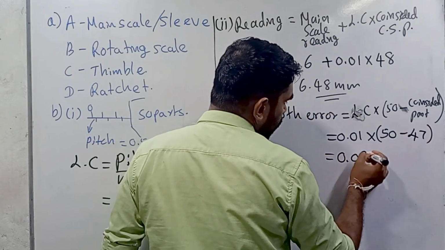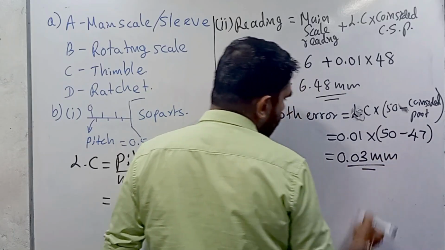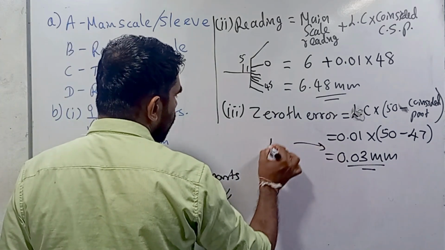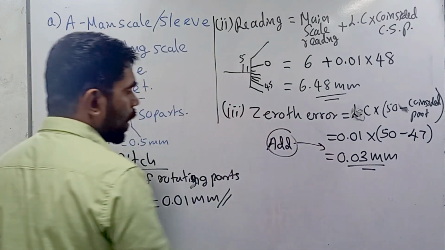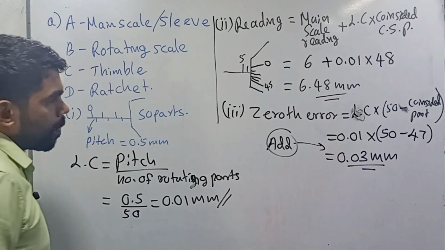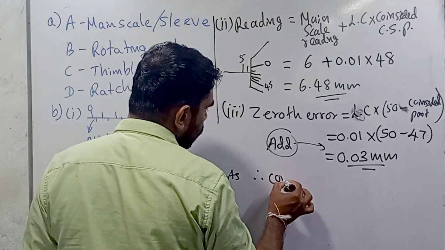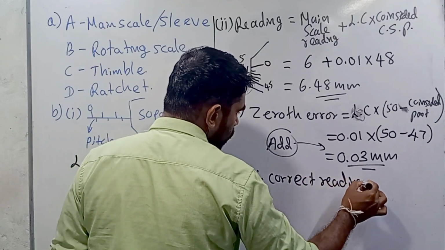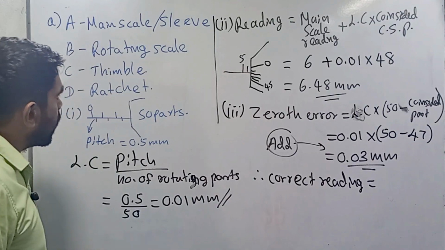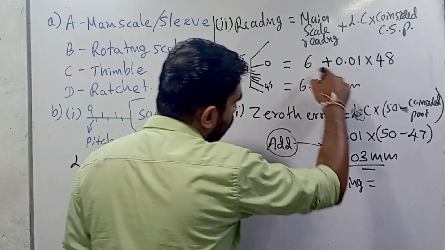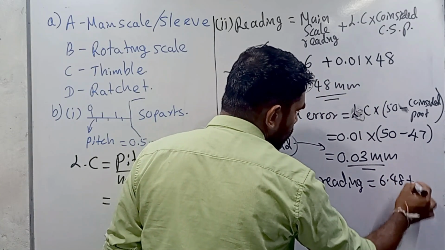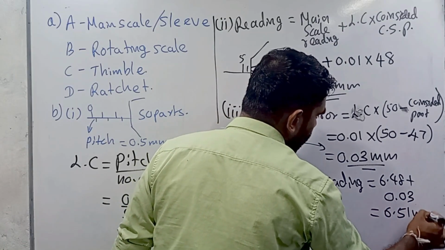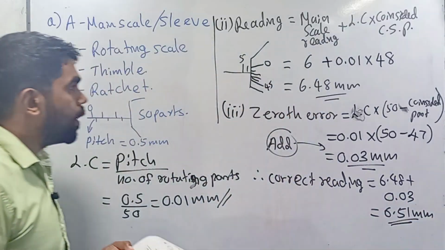Then we can simplify it: 0.03 millimeters. It is the zero error. We have to add this error to the reading to obtain the correct reading. Therefore, correct reading 6.48 plus 0.03 is 6.51 millimeters. This one is the corrected reading.